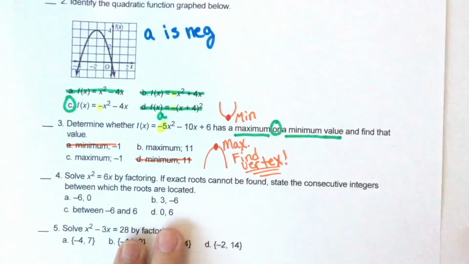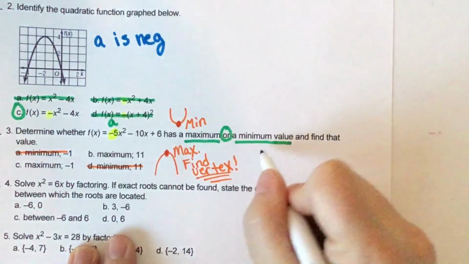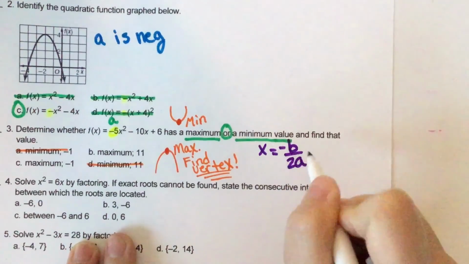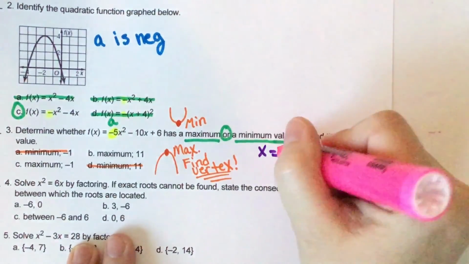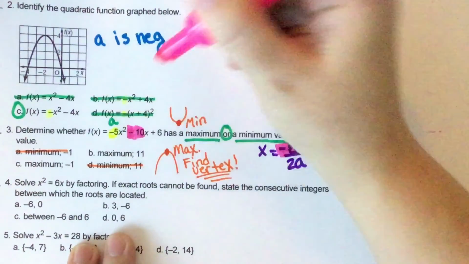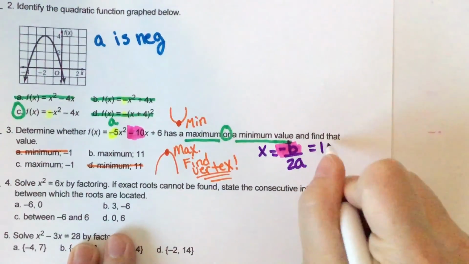I'm going to do what I did on problem number 1, and start with the axis of symmetry formula: x equals the opposite of B over 2 times A. The opposite of a negative 10 is a positive 10.